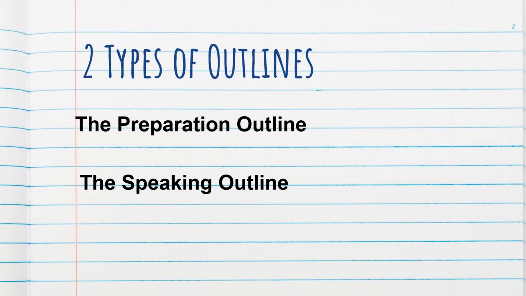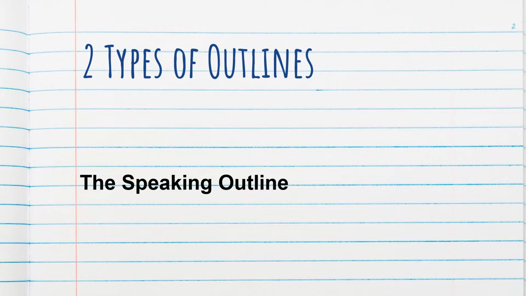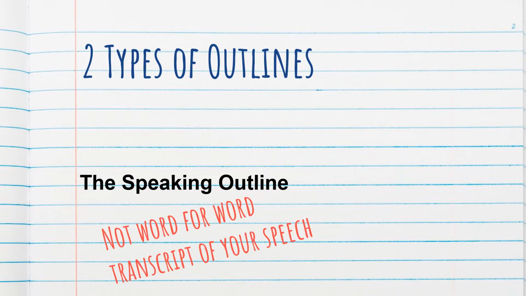There are two types of outlines that speakers use when developing their speech: the preparation outline and the speaking outline. Today, we're going to focus on the speaking outline. Now, this outline is not a word-for-word transcript of your speech.